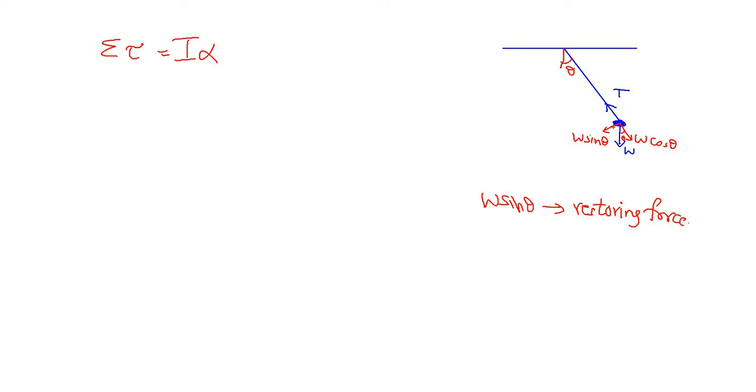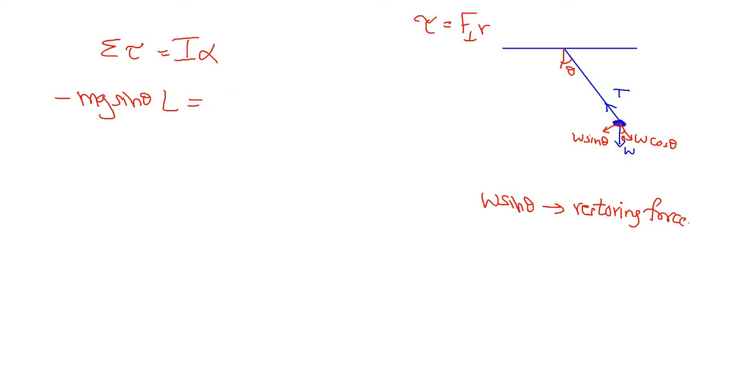This force is producing a clockwise torque, so the torque due to this is minus mg sine theta times the distance. Remember, torque is F perpendicular times R, right? So F perpendicular is mg sine theta, and distance is L, and so that is equal to I times alpha.